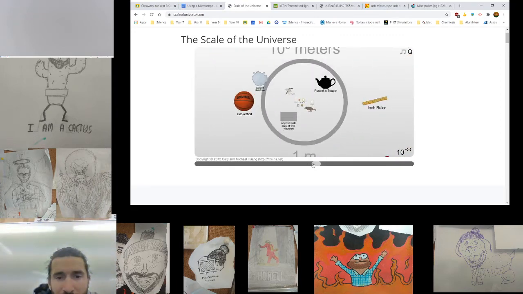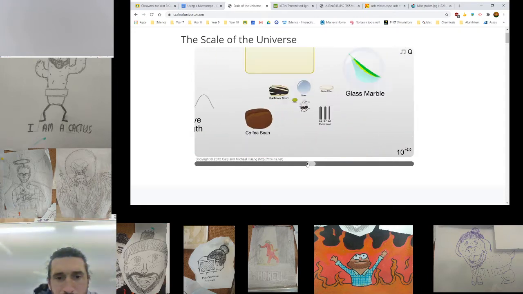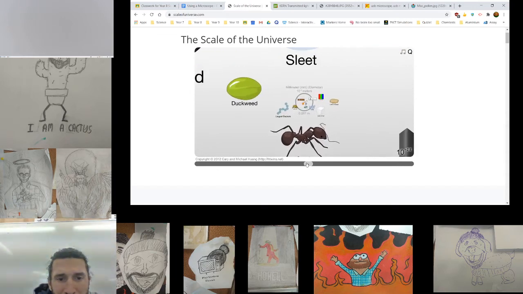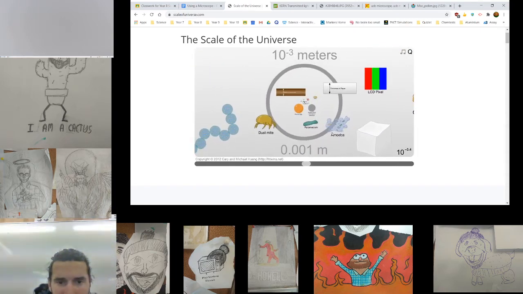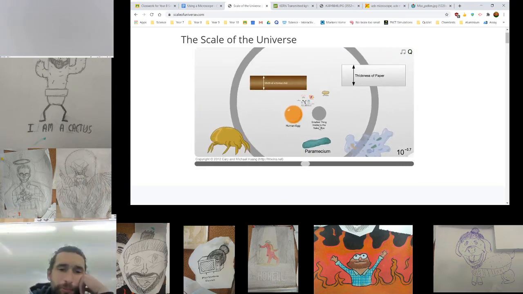All right, so we're getting smaller. Chicken egg, sleet, ant, dust mite coming up there, amoeba, human egg. All right, and this is about the smallest possible thing you can see with the human eye, about the width of a human hair.